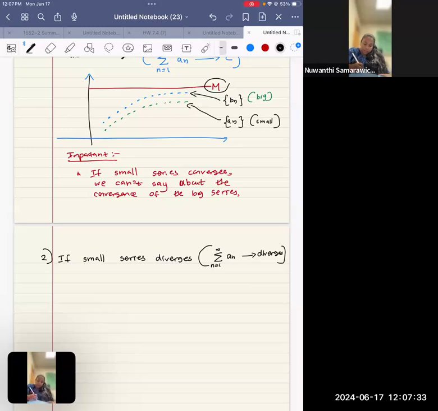Then what can we say? If a small series is divergent, then the big series diverges too.